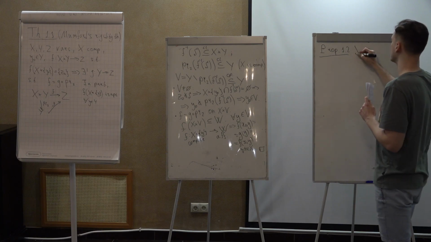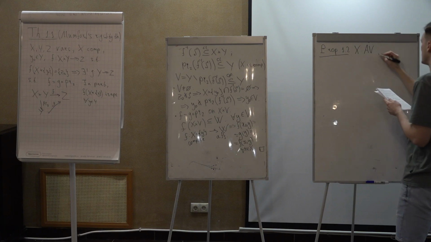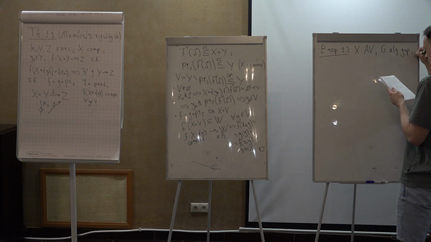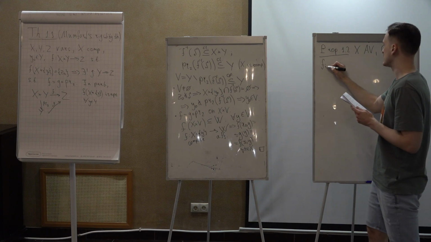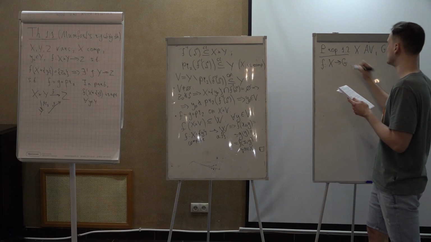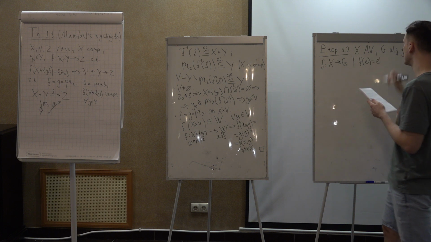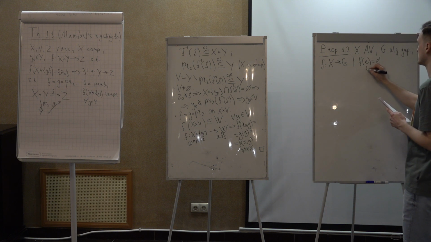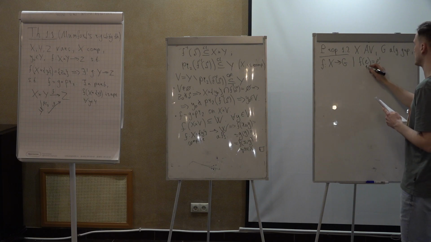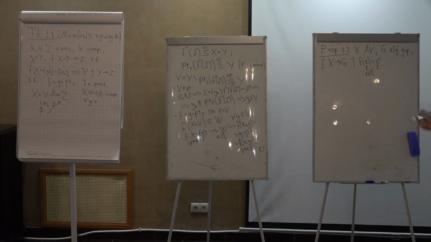So if X is an Abelian variety, and G is just an algebraic group, and F is a morphism from X to G such that it maps identity element to identity element, so a map from an Abelian variety to any algebraic group which maps identity to identity is a homomorphism.